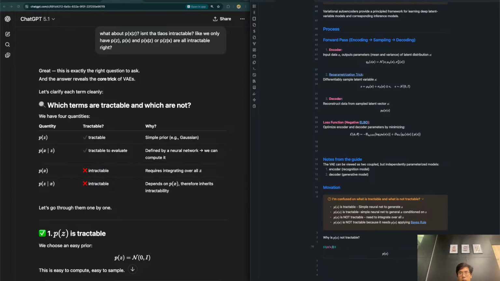We have P of x equal to the integral of p of x.